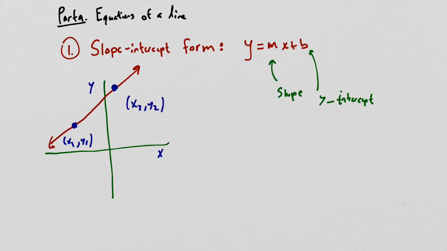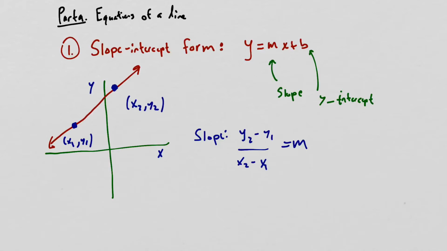Recall again that the slope is the change in y over the change in x. So given 2 points, we can always find the slope of a line.